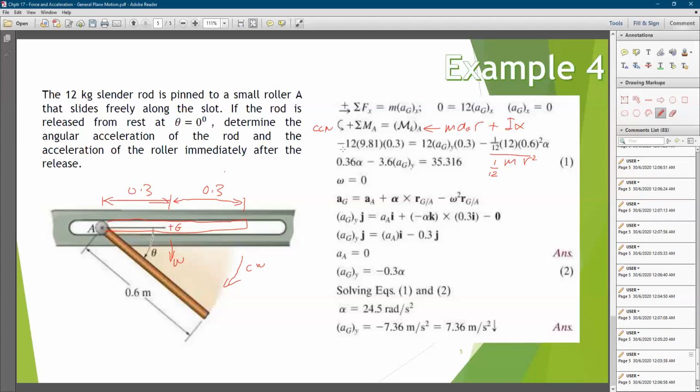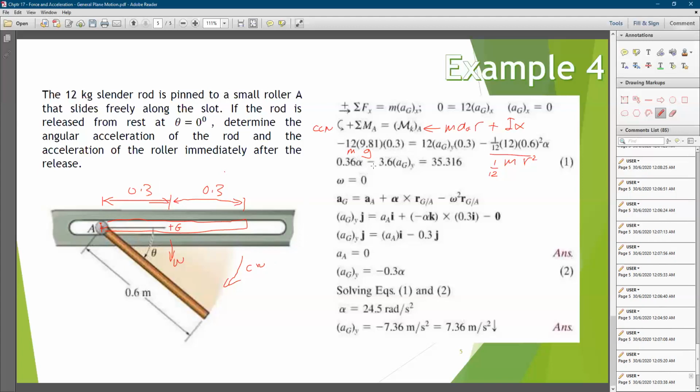On the left hand side, what we have are the forces causing this motion, which is mg. Because initially it is like that, W is acting downwards, and the perpendicular distance from point A is 0.3, then we multiply by 0.3, with a minus because of clockwise motion.